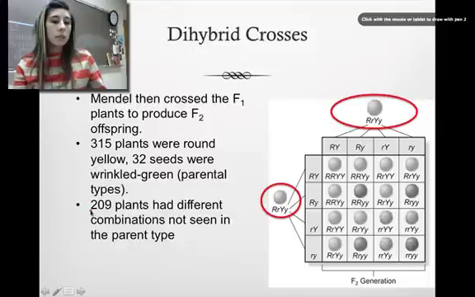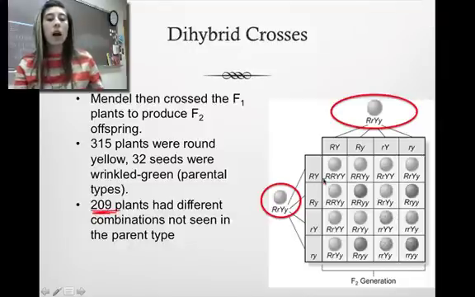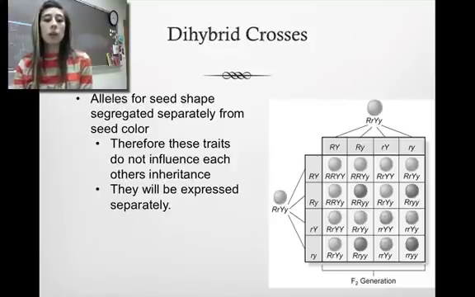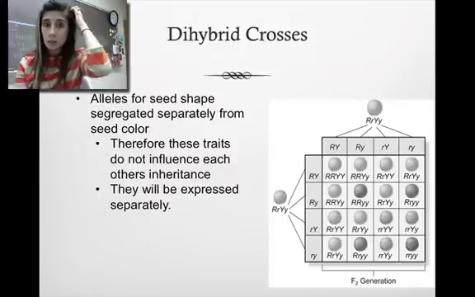And then he ended up seeing 209 plants that had combinations of phenotypes and genotypes that he had never seen before. And so what he saw were that the alleles for seed shape had actually separated from the seed color. And so that's where he was beginning to see traits that he had not seen before.